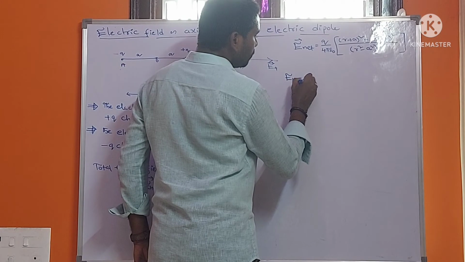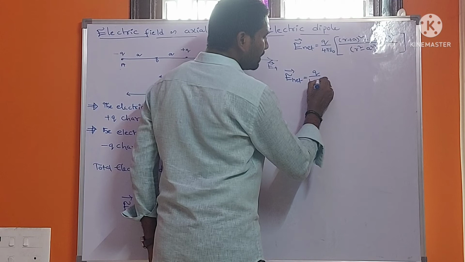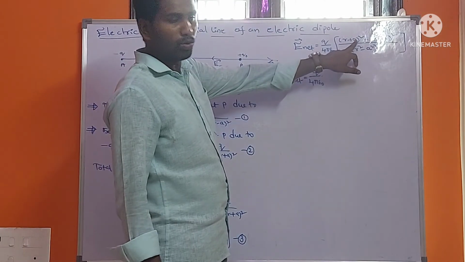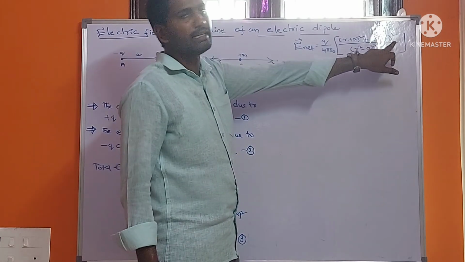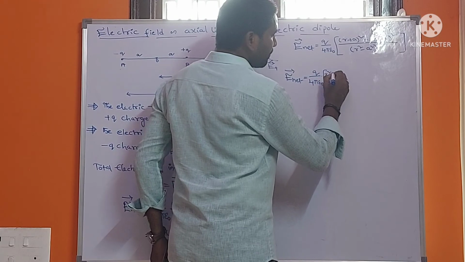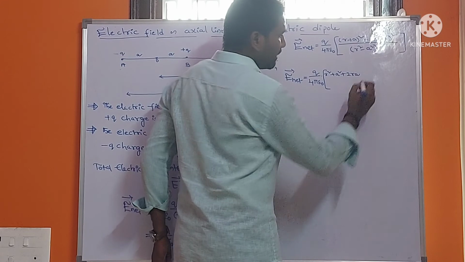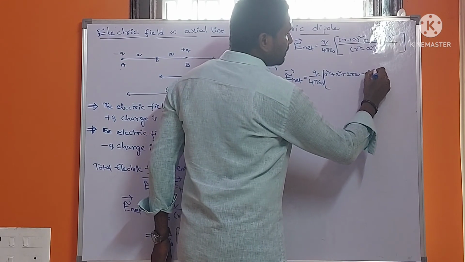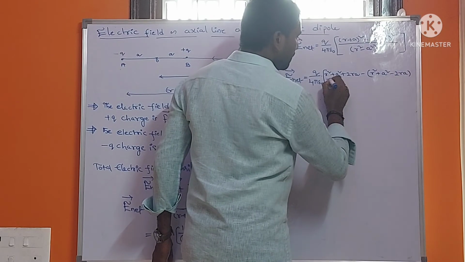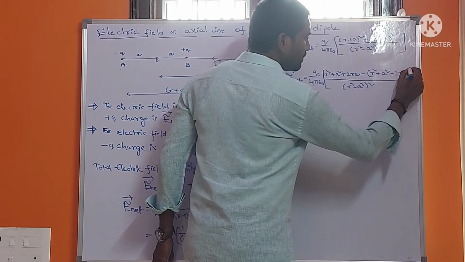Now E net is equal to Q by 4 pi epsilon naught. This is the a plus b whole square. This one is the a minus b whole square. Write the a plus b whole square: R square plus A square plus 2RA, minus R square plus A square minus 2RA, by R square minus A square whole square.